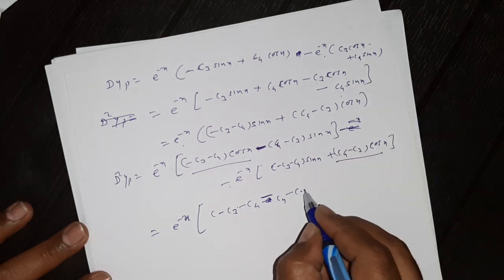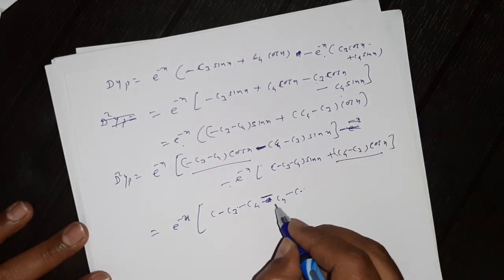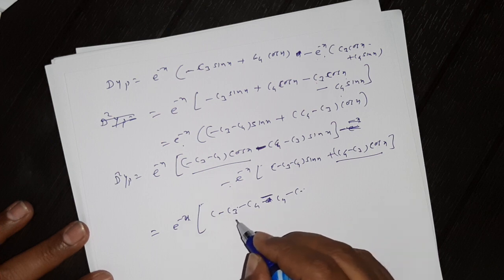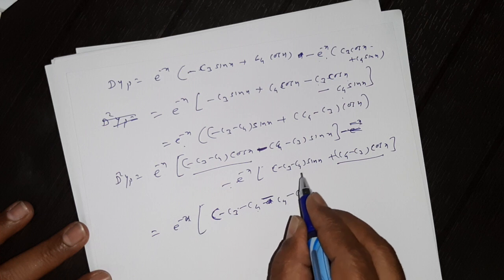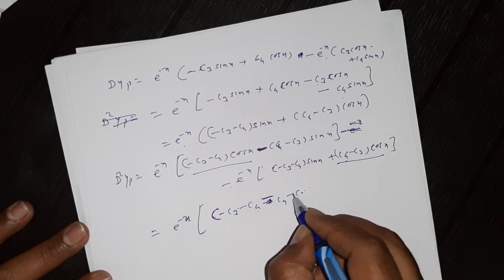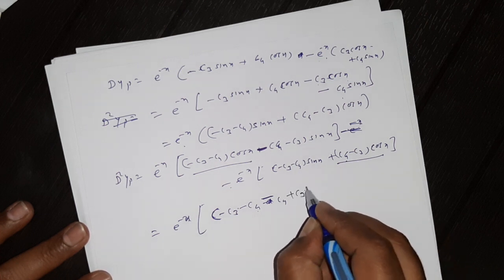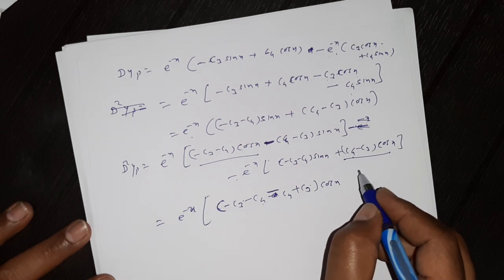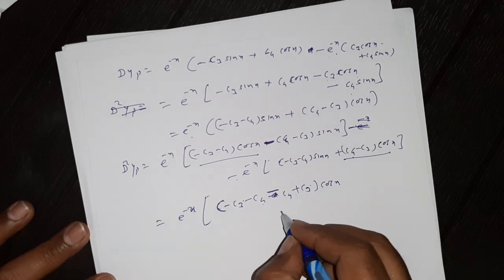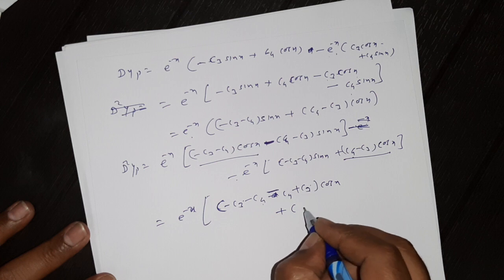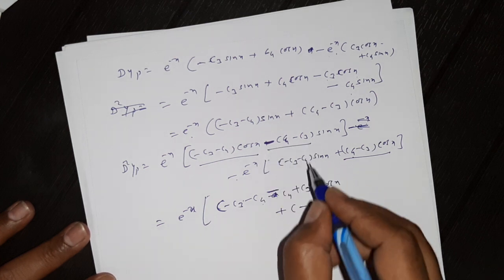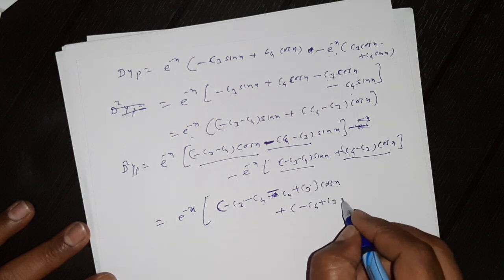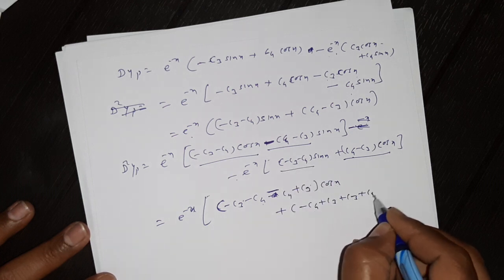Okay, so we have in bracket the coefficient of cos x is minus c4 minus c3 plus c4 minus c3, and the term of sin x is minus c4 plus c3 plus c3 plus c4.